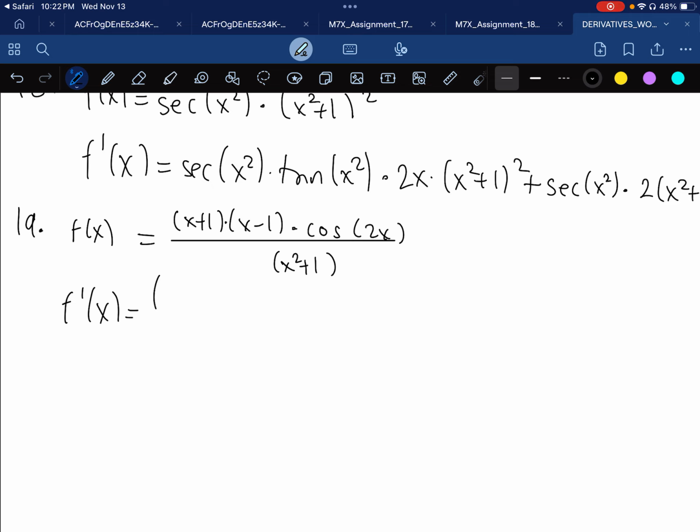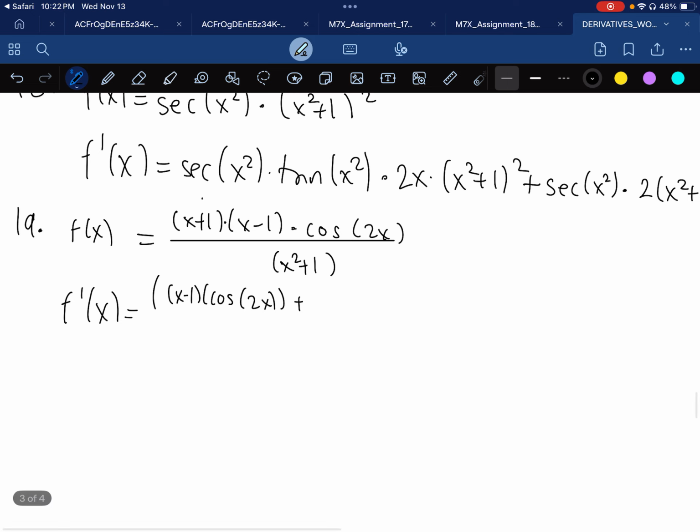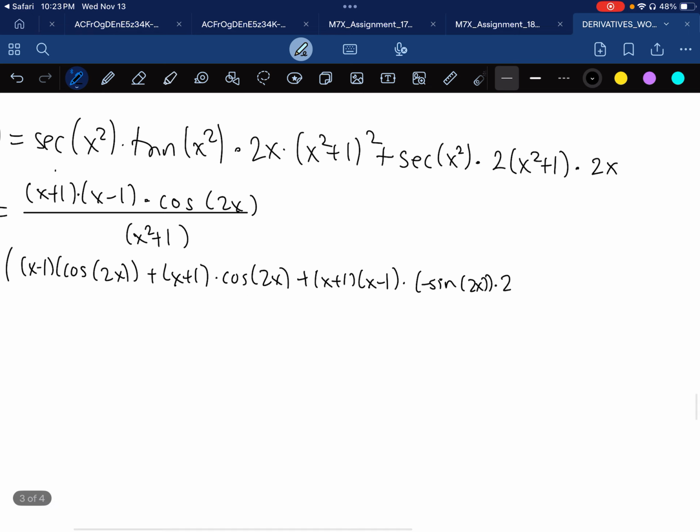So, derivative of, we're going to use the product rule for three terms. This derivative is one, so we're not going to write that. We're just going to write the rest of them. Plus, the second function's derivative is also one, so we're not going to write that. And finally, the derivative of the third function is negative sine of 2x times the derivative of the inside, which is 2.